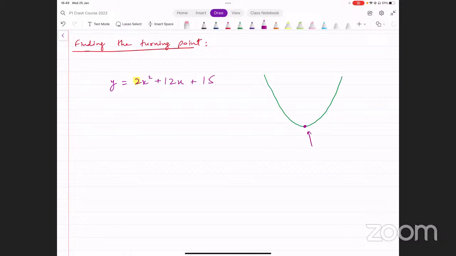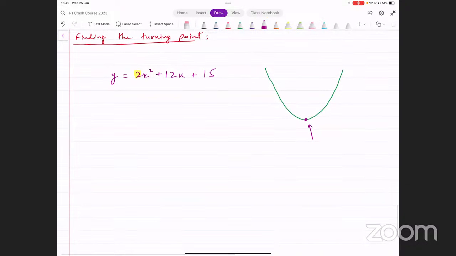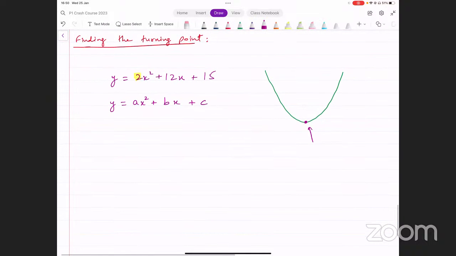Now, if that was the only thing that you wanted, if you wanted to just find the turning point of the graph, this is what you could do. Remember, the standard form of a quadratic function is y equals ax squared plus bx plus c.